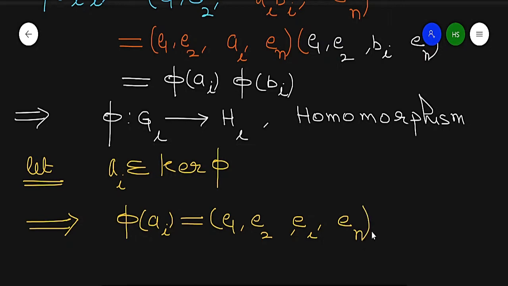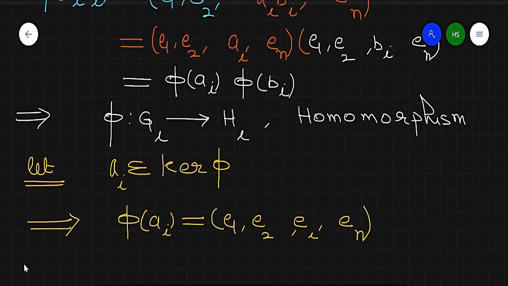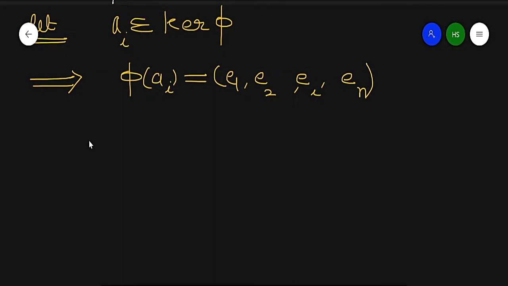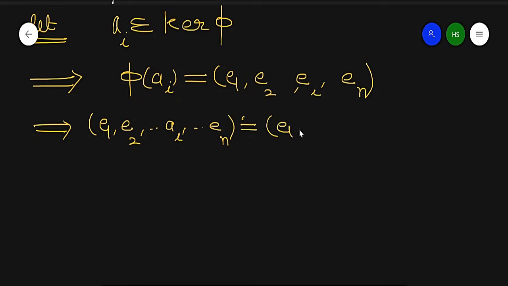Now substitute the value of phi of ai. Just substitute (E1, E2, ..., ai, ..., En), which is equal to (E1, E2, ..., Ei, ..., En).